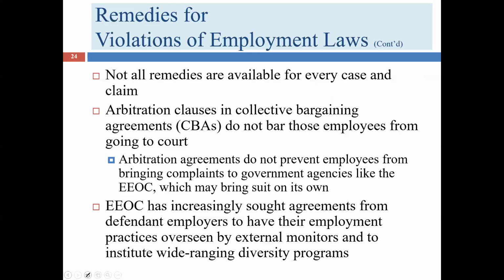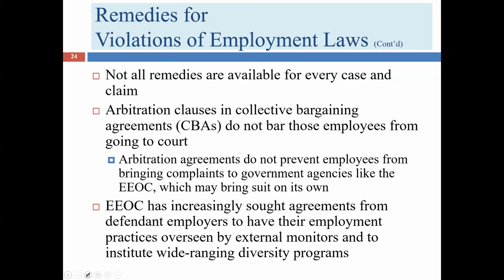Well, as you can imagine, if you have a group of people, not everybody's going to agree with every single term in that agreement. And so there's going to be a vote, but it's majority rules. If I happen to be someone who didn't like the collective bargaining agreement, of course I can quit. But if I decide to stay, I'm going to be bound by it, even if I don't agree with the terms. And that does include an arbitration clause that might be part of that collective bargaining agreement.